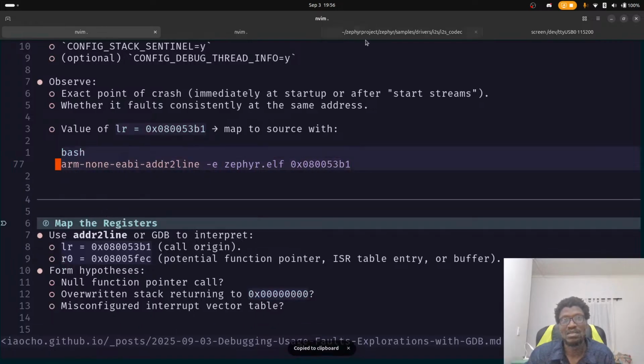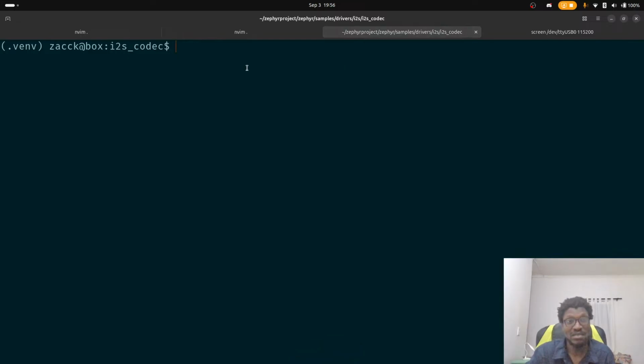Cool. Control Shift V. Okay, cool. I'll remove that, and then I will remove this. And this won't work because this is in the wrong place. So you want something like build zephyr.